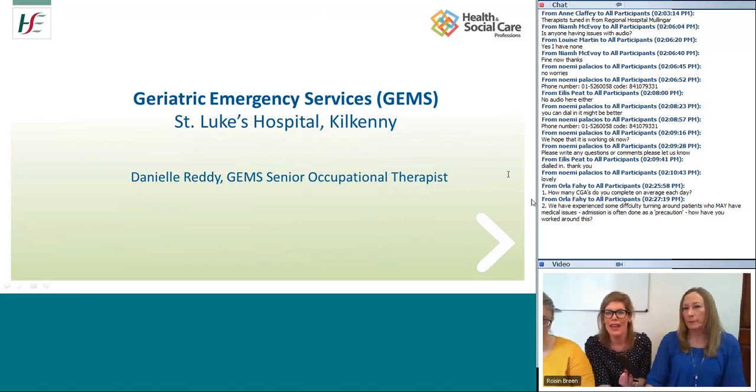So Orla Fahy is asking, how many CGAs would you complete on average each day? Well, on Monday it could be anything. To date we've done GEMS for just a little over 2 years now.